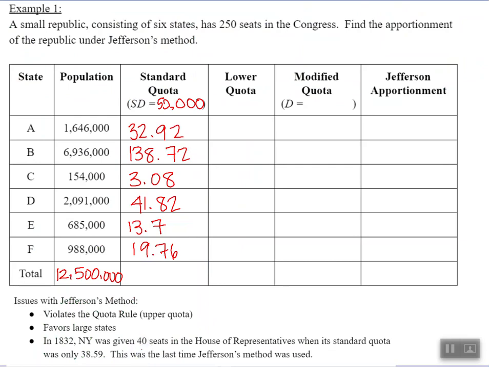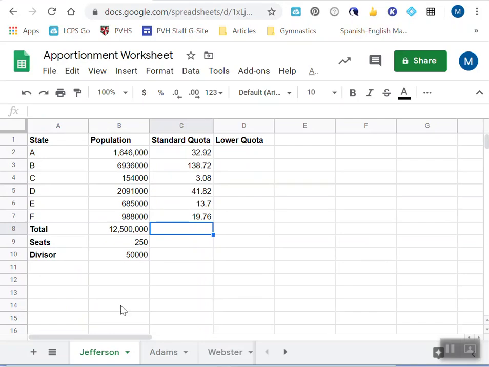Now that I've got that written down, Jefferson's method always uses the lower quota. So I'm going to go ahead and round each of these values down and see how many seats I've apportioned. Again, we can do this in our spreadsheet. So in the next column, I have labeled this lower quota. So I want to round down all of the standard quotas.